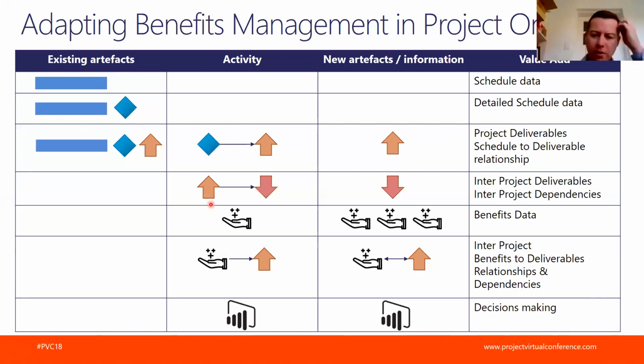So we can have a project which is waiting for a deliverable to the dependency, and that project will then start. And I just said it's not really linked to benefit management, but it actually is, because if a project is running late, the next project will potentially run late and deliver the benefit later.